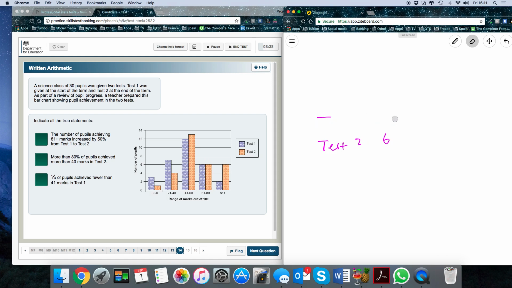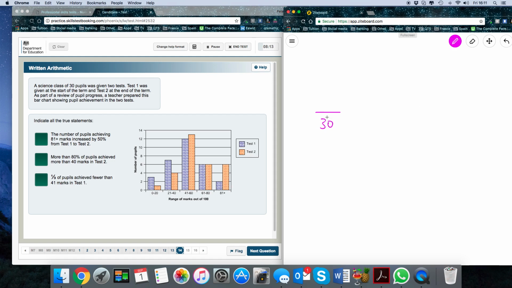So second statement, more than 80%. Again, I would ignore the more than 80% bit and we'll come up with our own percentage. So we need the total number of people. It's given in the question at the top. You could add up the bars, but to save a mistake, it says a science class of 30 pupils.